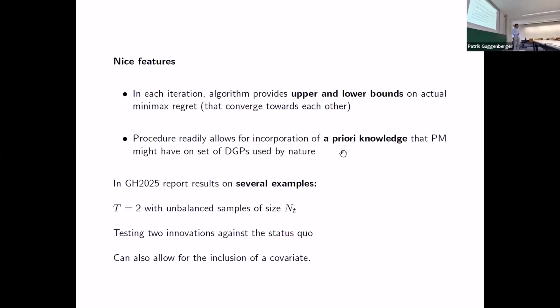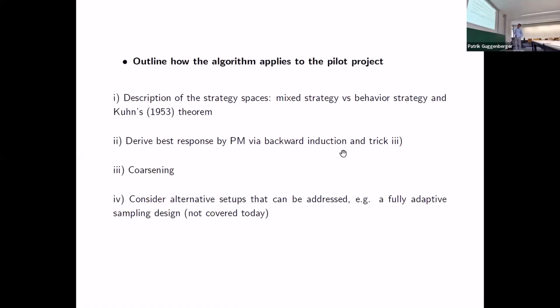And we have already invested quite a bit into our algorithm using Julia now with CUDA and other methods. It would be completely infeasible, I believe, to do it in Gauss or MATLAB, but Julia is so much faster, it's really mind-blowing. Okay, so what do we need to do to modify the algorithm that I just defined from the first paper when we apply it to the pilot project?